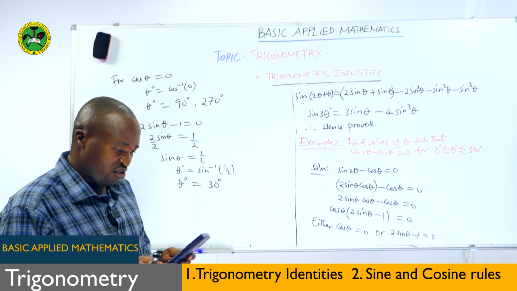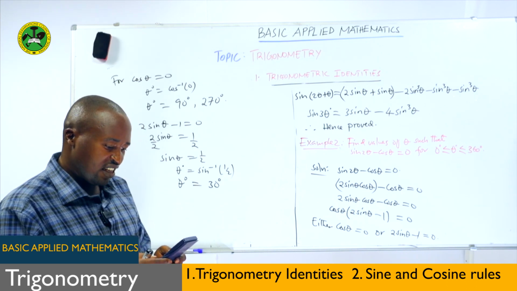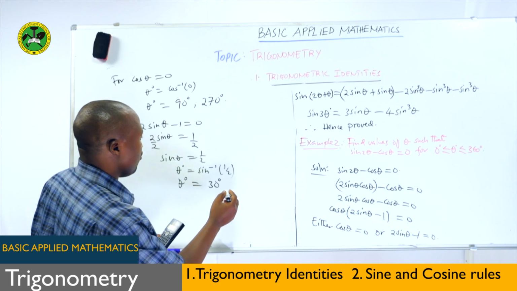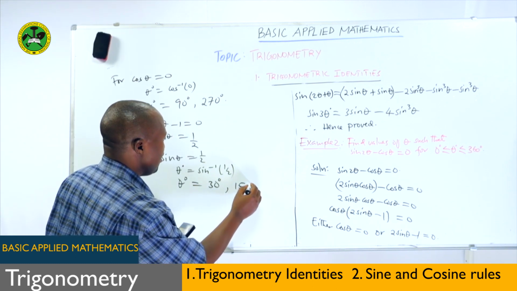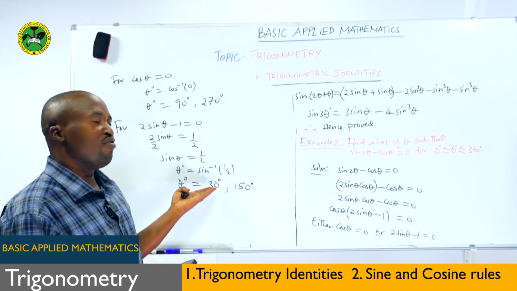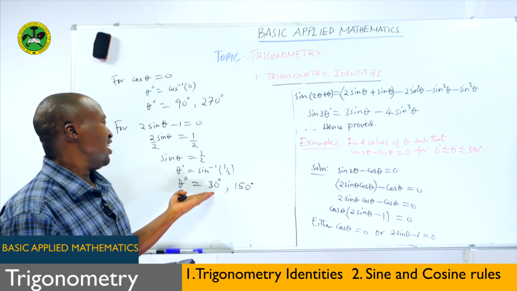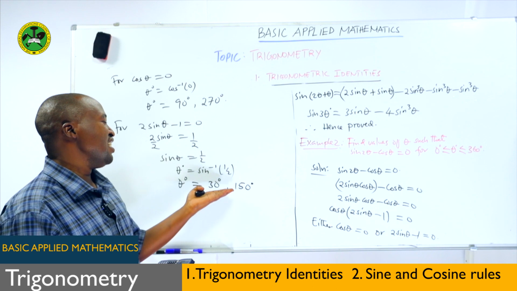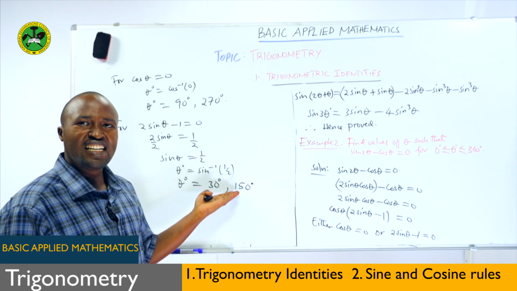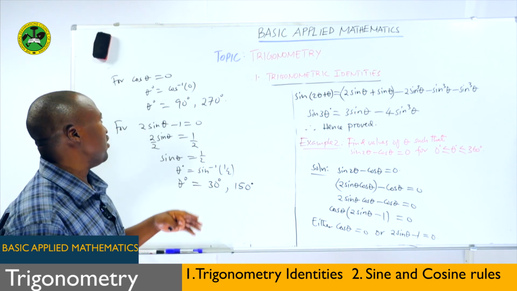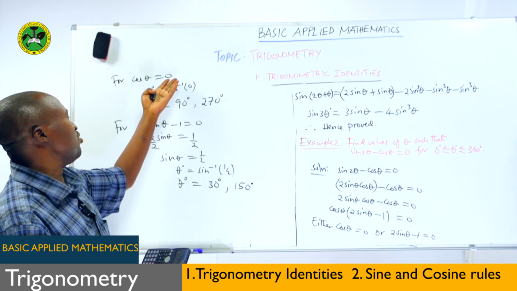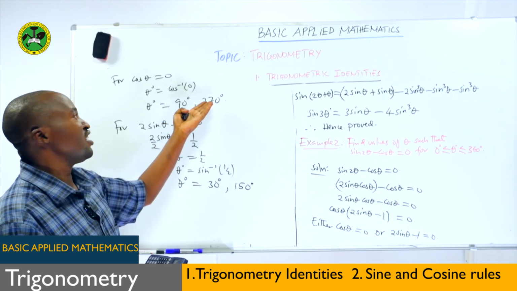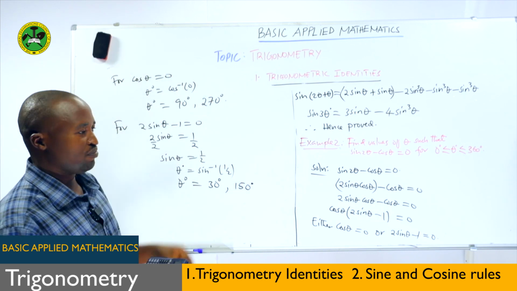That is 150. Sine of 30 is equal to a half, and sine of 150 is equal to a half. The same applies for cosine. Cosine of 90 is 0, and the cosine of 270 is equal to 0.